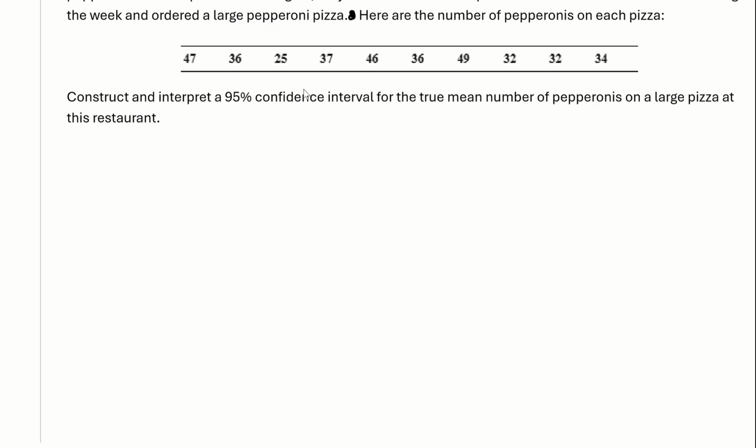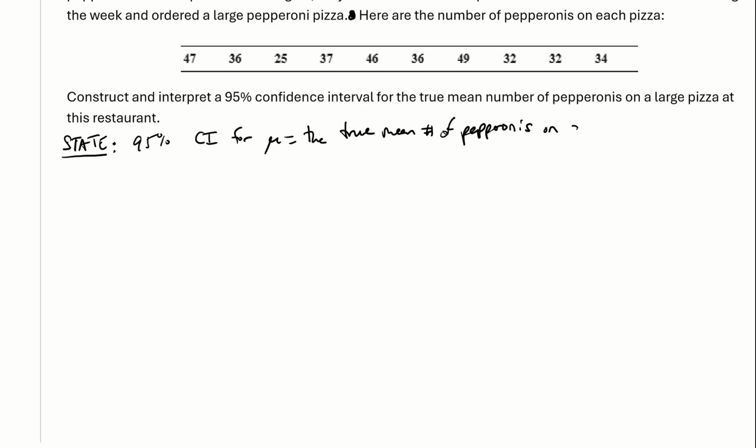Okay, so let's go ahead and do this then. So first off, we want to make sure we follow the process, right? So state. We are going to state what we're going to do. So in this case, we are doing a 95% confidence interval for mu equals the true mean number of pepperonis on a large pizza at this restaurant.